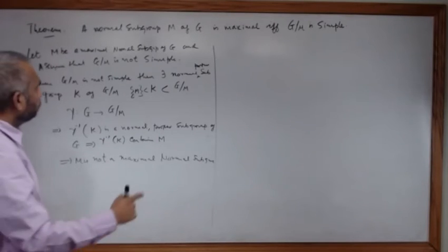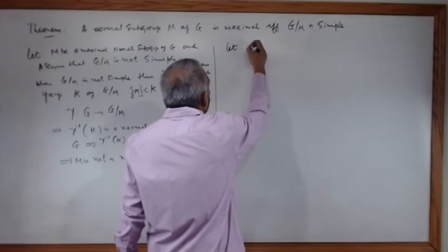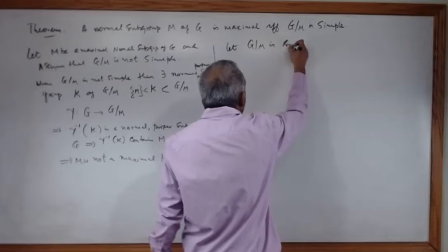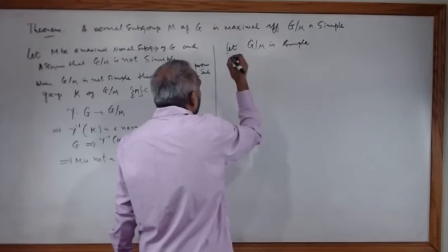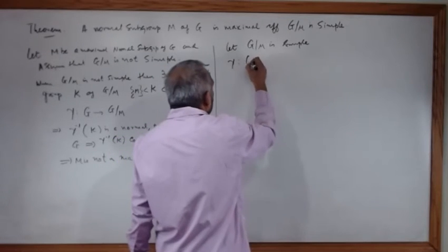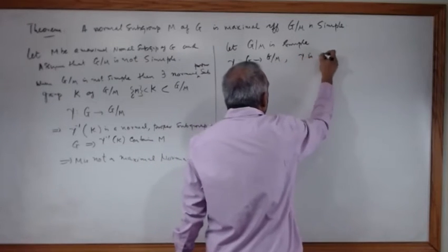Now let us assume G over M is simple. Consider the same homomorphism gamma from G to G over M, which is onto.